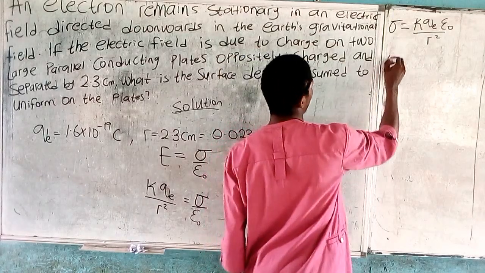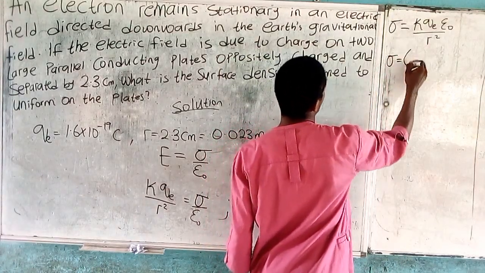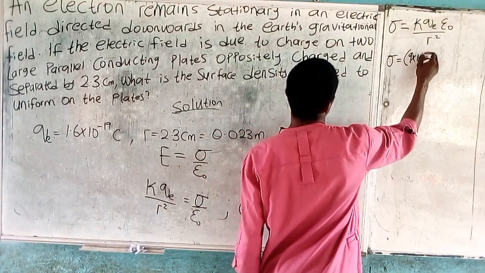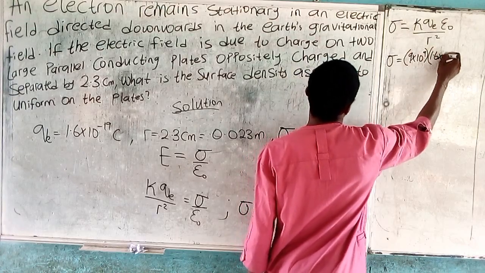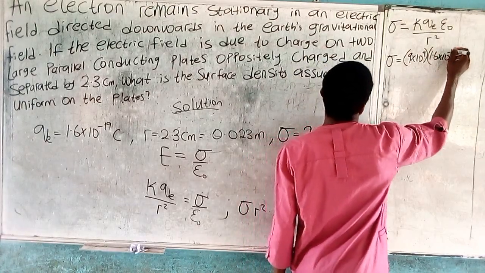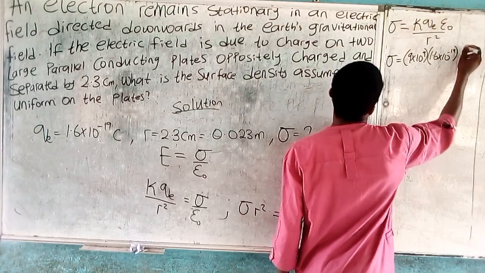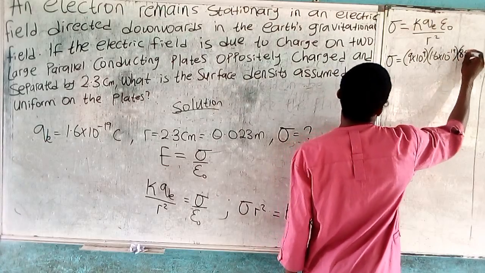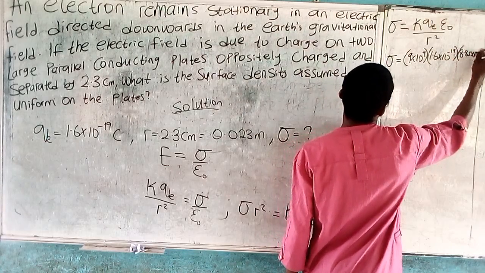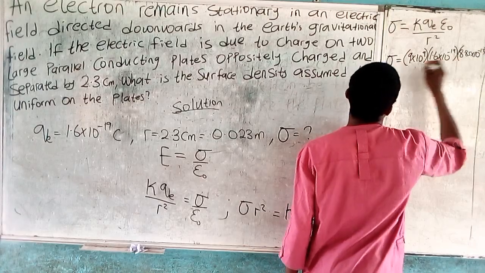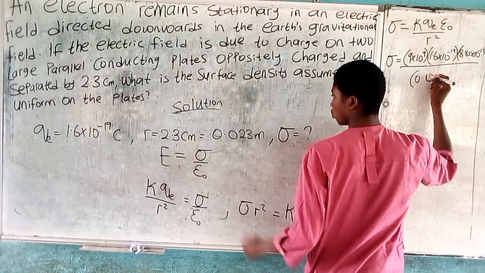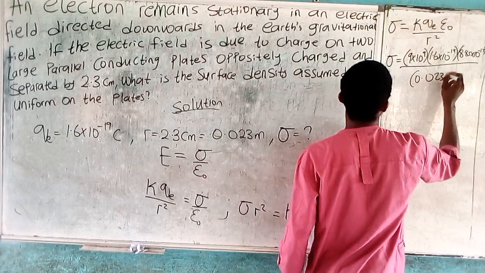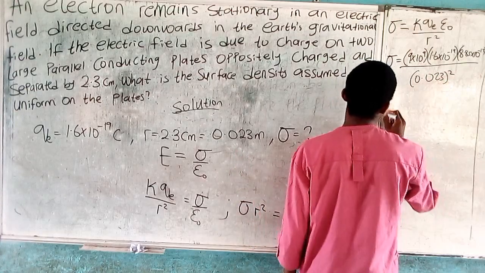So therefore our surface charge density: what is our K? 9 times 10 to the power of 9. What is our Q_E? 1.6 times 10 to the power of negative 19, that is the charge of electron. Epsilon naught is 8.85 times 10 to the power of negative 12, all divided by our R squared, which is 0.023 all squared.